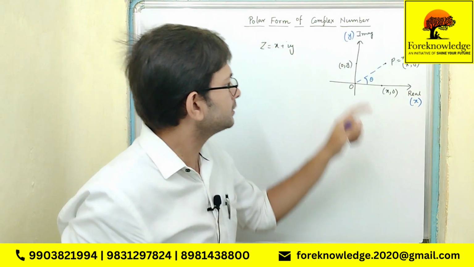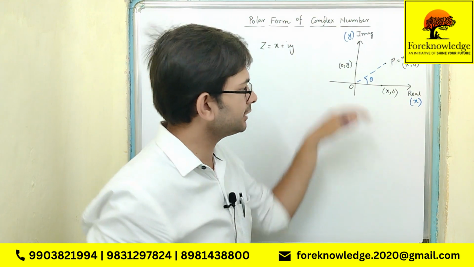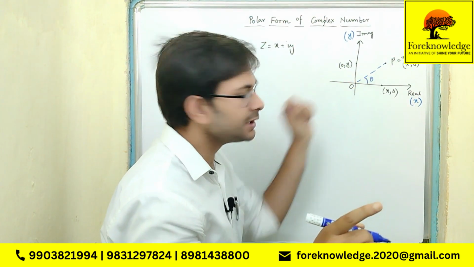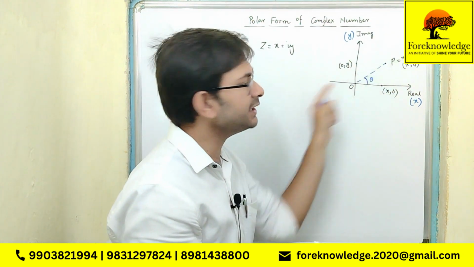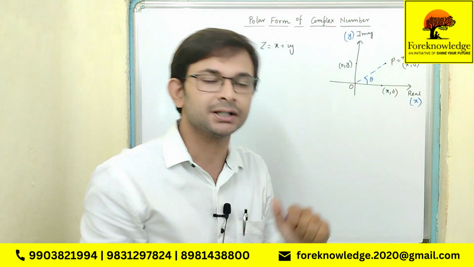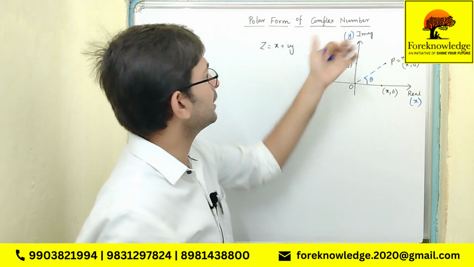So OP is creating an angle theta with the positive direction of the x-axis. Using this OP distance and this angle theta, we can represent the complex number in a different form, which is called the polar form.